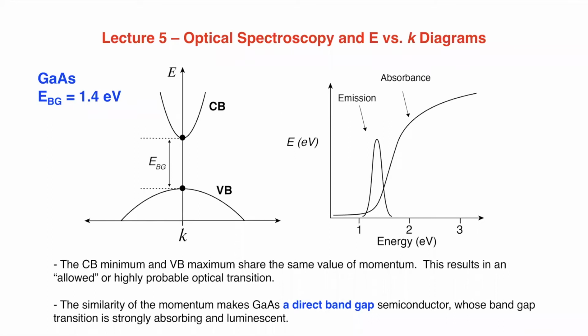And when the conduction band minimum and valence band maximum line up in this way at the same value of momentum, the semiconductor is said to be a direct band gap semiconductor. Direct band gap semiconductors have this sort of spectrum you see on the right. The absorbance turns on strongly at the band gap energy, and they are typically photoluminescent. And gallium arsenide is a very good example of that. You can make a really great laser out of gallium arsenide, for example, because of this property.